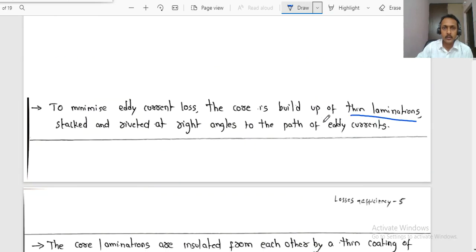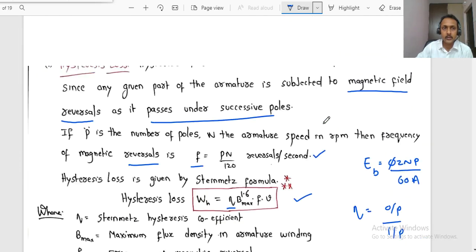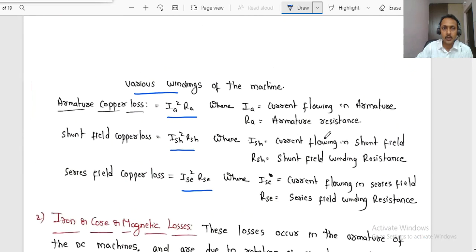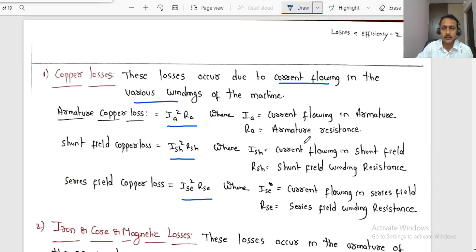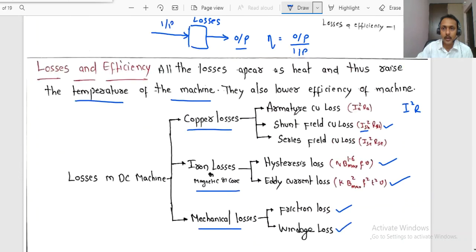So far, just once recollect: eddy current loss, hysteresis loss, copper losses. All these losses we have discussed so far: armature, shunt field, series field. Hysteresis loss is due to the magnetic reversal of the armature.